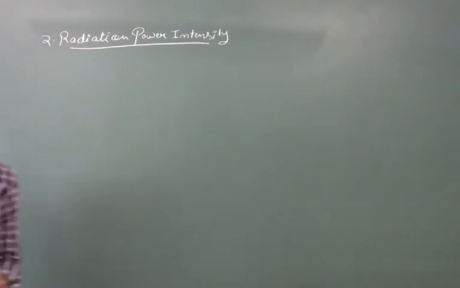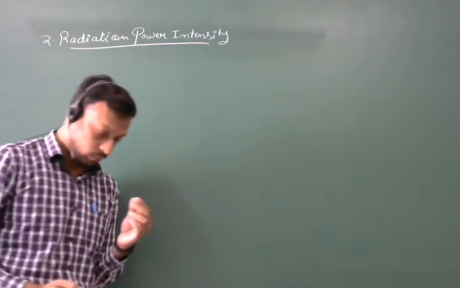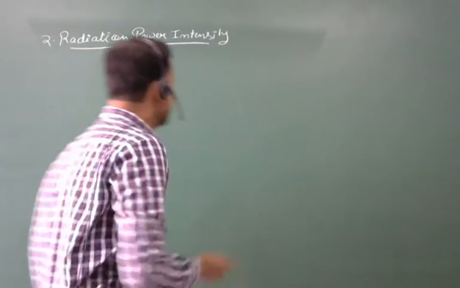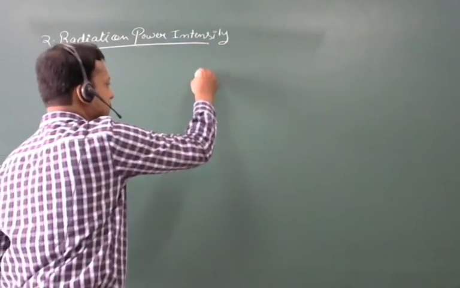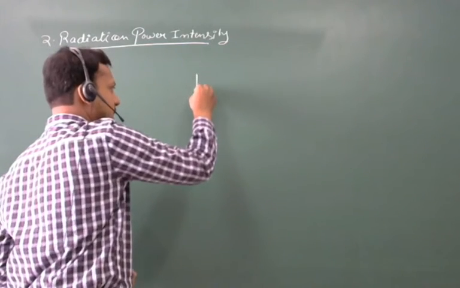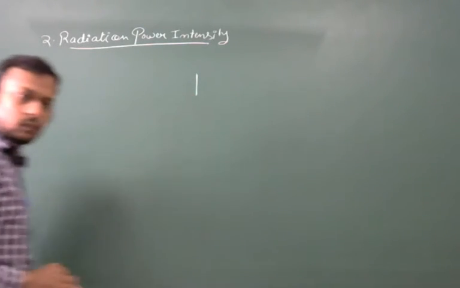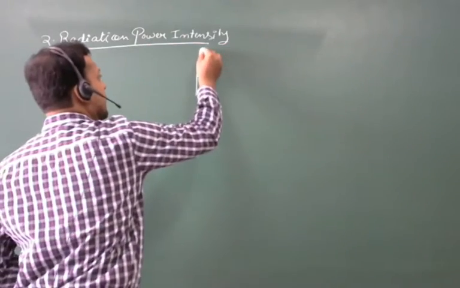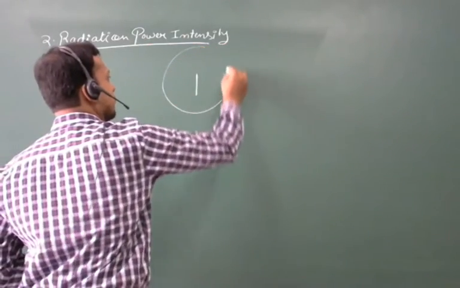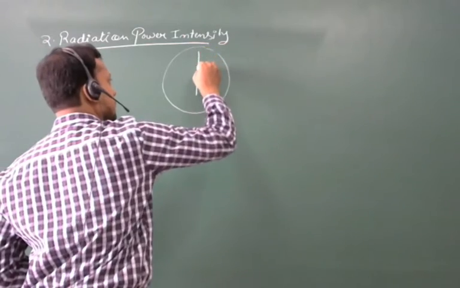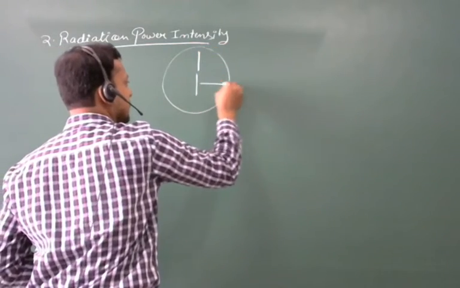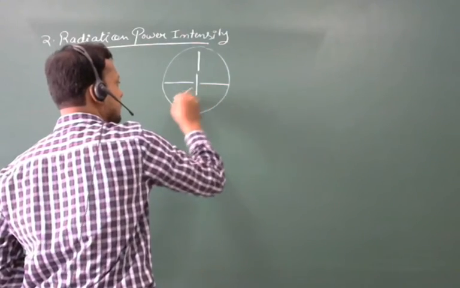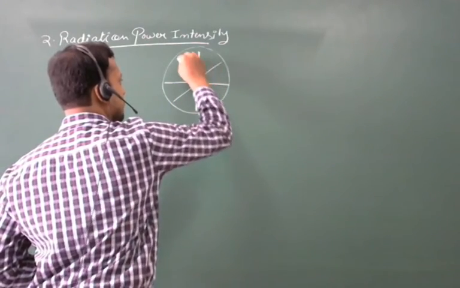See, the previous we have discussed. Suppose this is an antenna, a wire antenna, and this wire antenna is radiating in such a manner that in this direction, in this direction, in the downward direction.